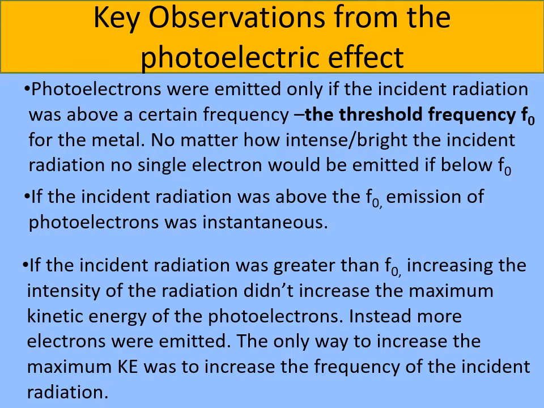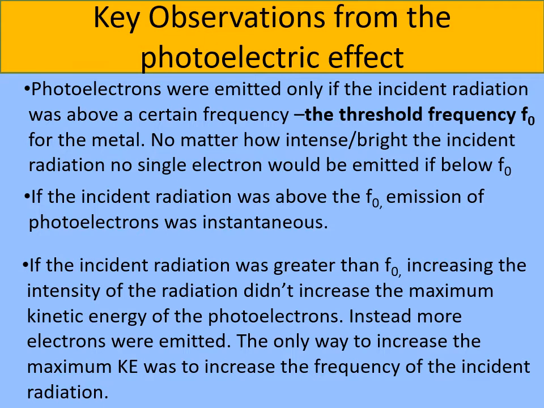Now, according to the wave model, if we had lots and lots of visible light, all the wavelengths should combine together and in total give us enough energy to get rid of these electrons, but it just didn't happen. If the wave model worked, then we should see electrons liberated with any frequency of light, so long as the light was bright enough. But again, that wasn't the case.